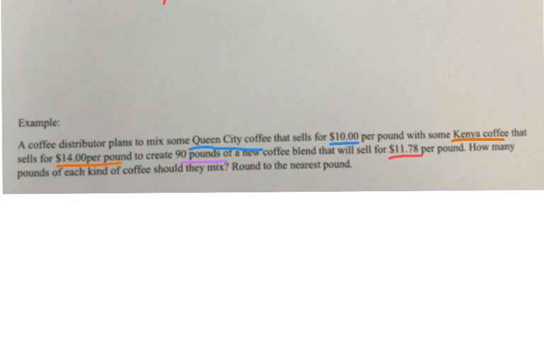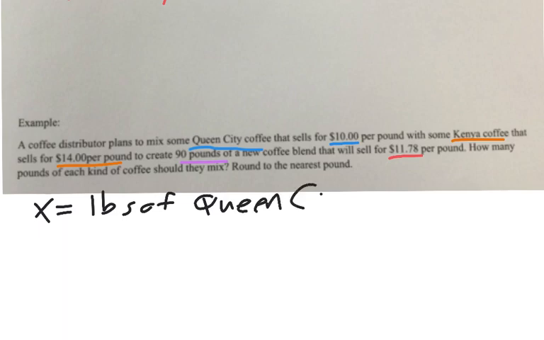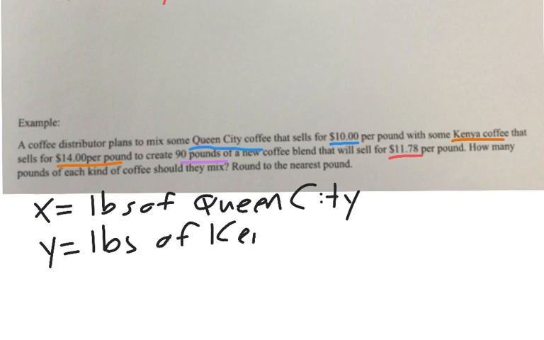First thing, identify what the two variables are, the two things I'm looking for. How many pounds of Queen City and how many pounds of Kenya coffee am I going to use? So I'm going to let X be equal to the pounds of Queen City, and I'm going to let Y be equal to the pounds of Kenya coffee.